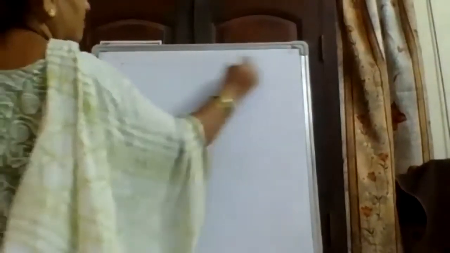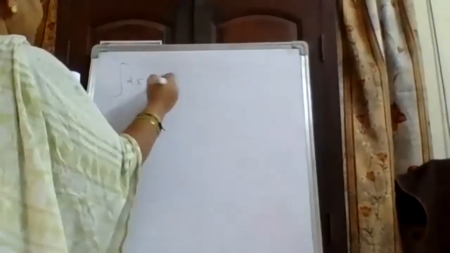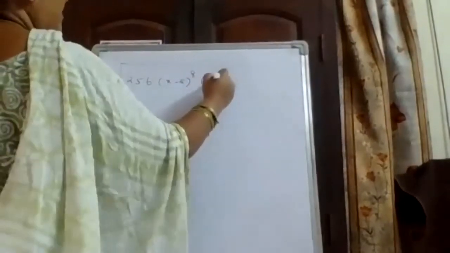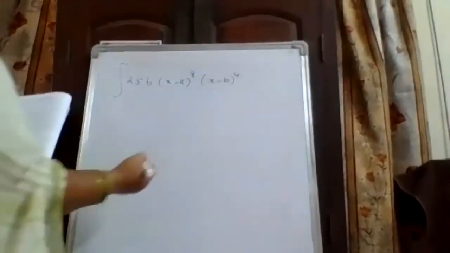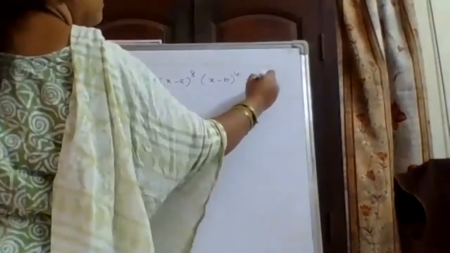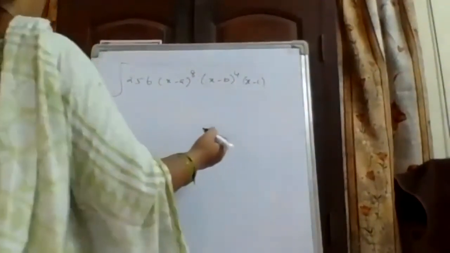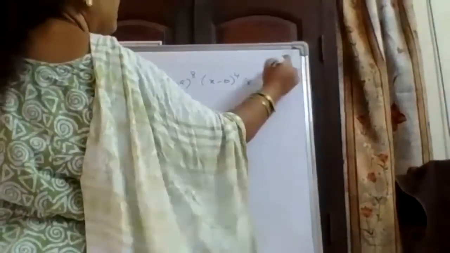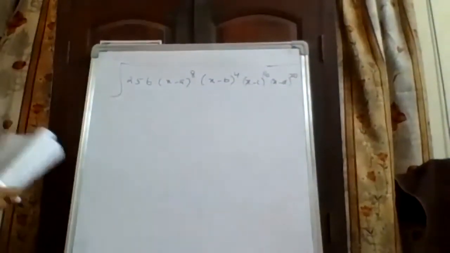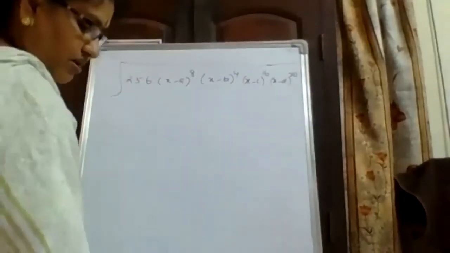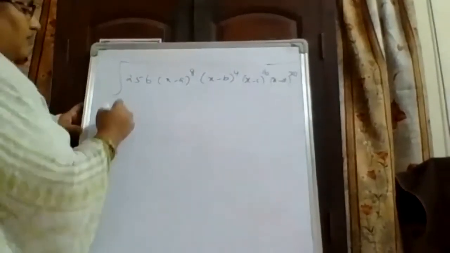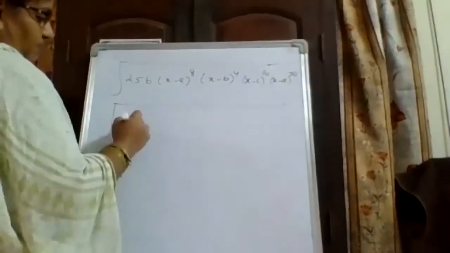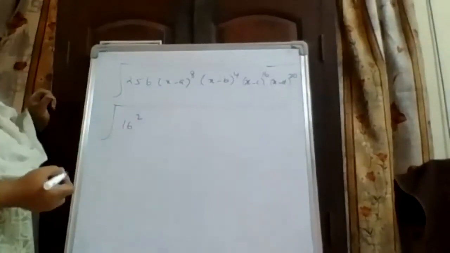The question is 256 (x minus a) whole power 8, (x minus b) whole power 4, (x minus c) whole to the power 16, (x minus d) whole to the power 20. Now I'm expressing this as square numbers. So 256 will be written as 16 to the power 2, 16 square.